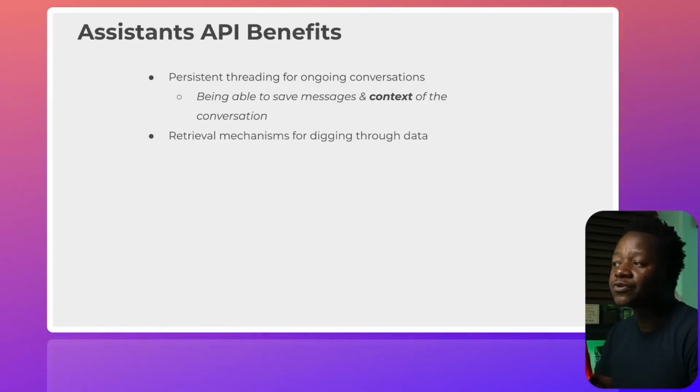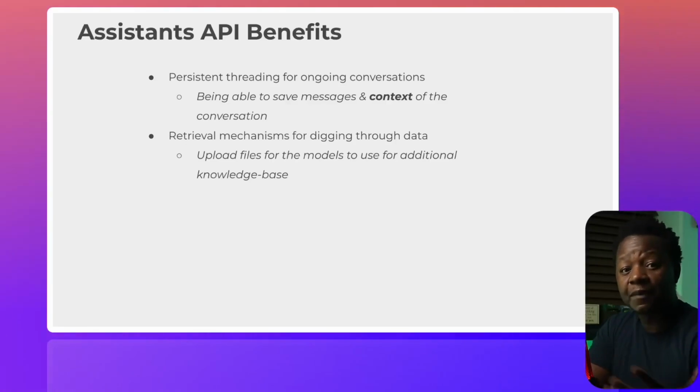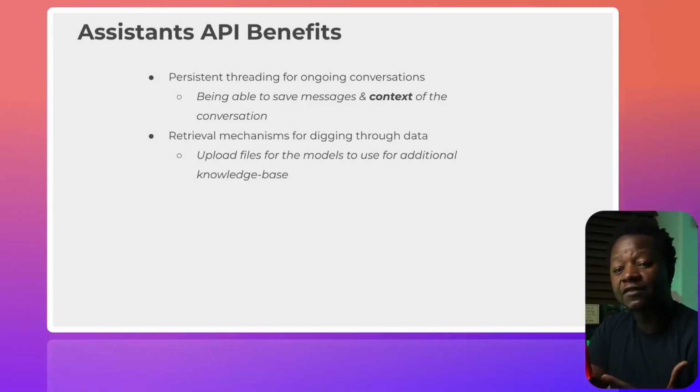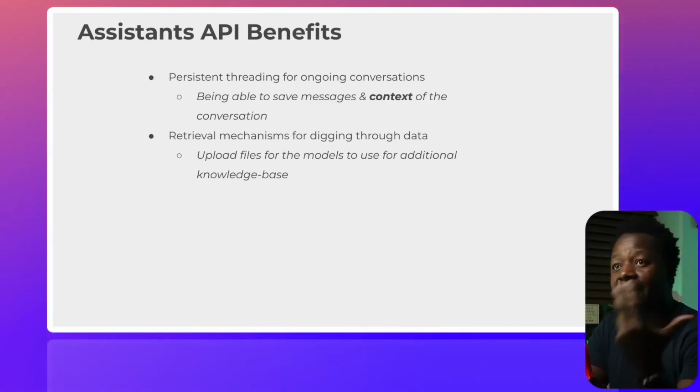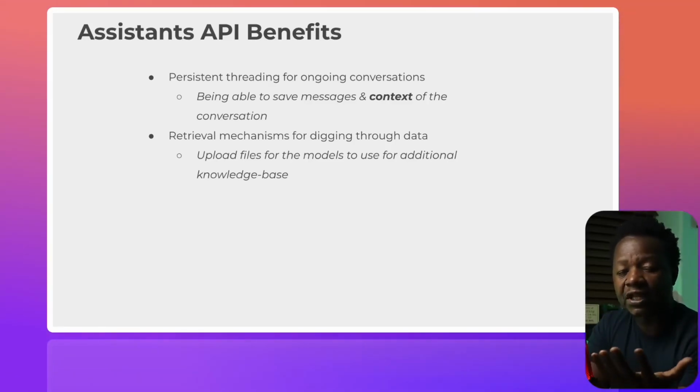And also we have the retrieval mechanisms for digging through data. What this means is that we can upload files for the models to use as an additional knowledge base. So you can upload files about something, let's say about cryptocurrency. Now that piece of knowledge is added to the base knowledge that comes with the large language model.